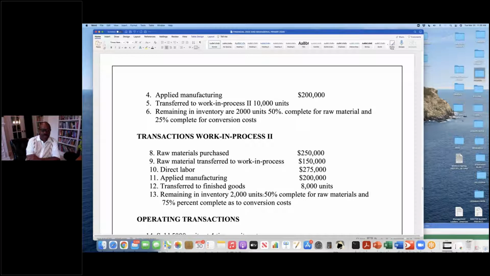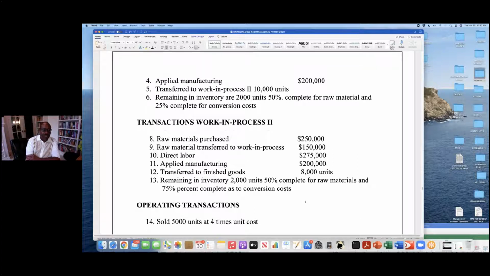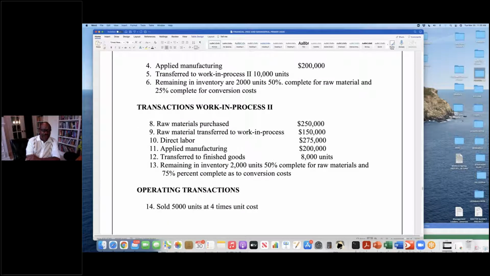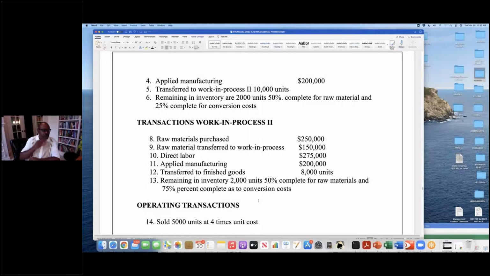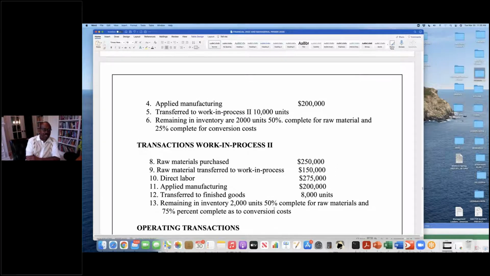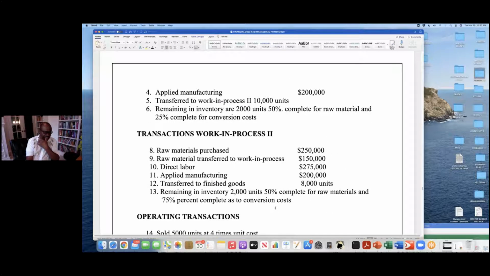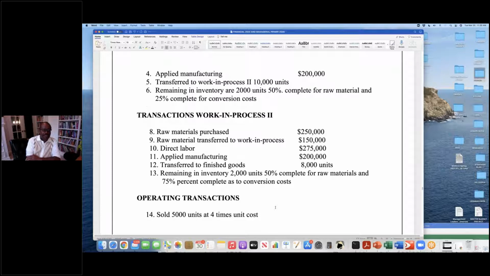What was left was 2,000 units, 50% complete for raw materials, 75% complete for conversion costs. And we sold 5,000 units at 4 times the cost. So this is what we're required to do. These are the problems that you are assigned, and this is the problem that you're going to create an Excel sheet for.